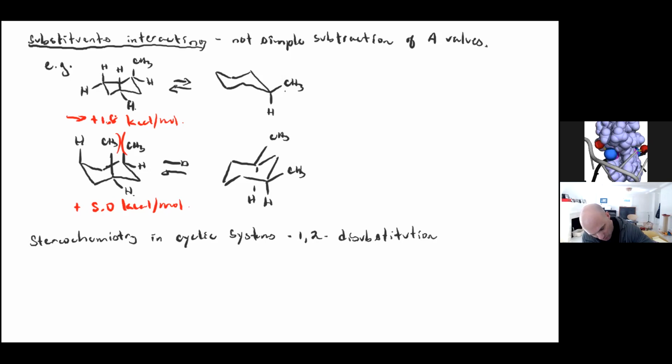All right, so we'll start with 1,2 disubstitution, and we'll keep it simple. We'll just have a dimethyl cyclohexane.